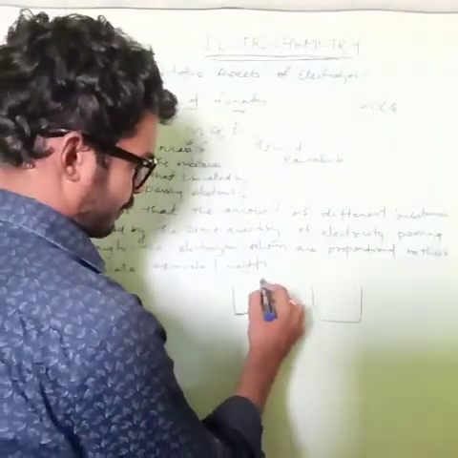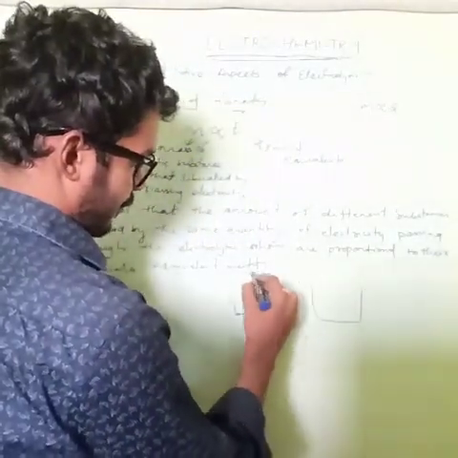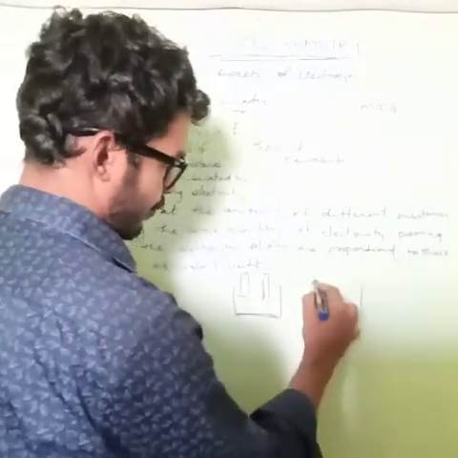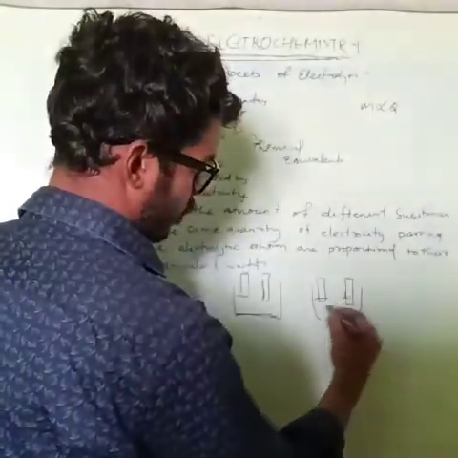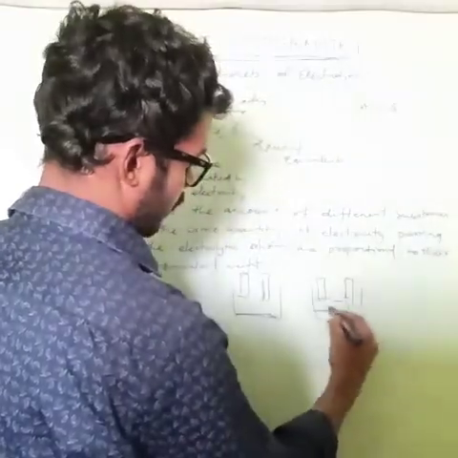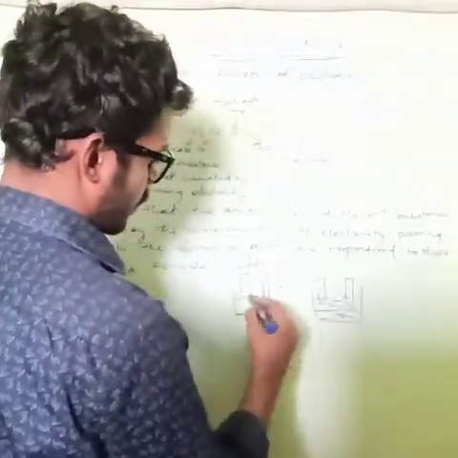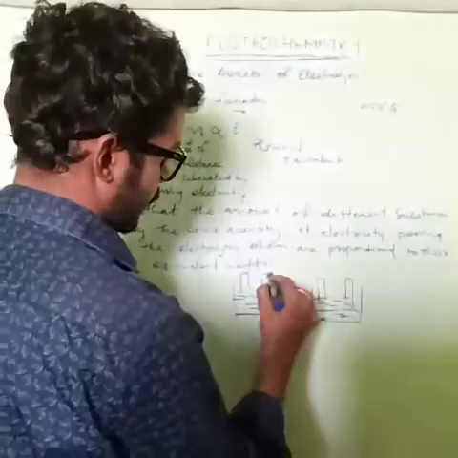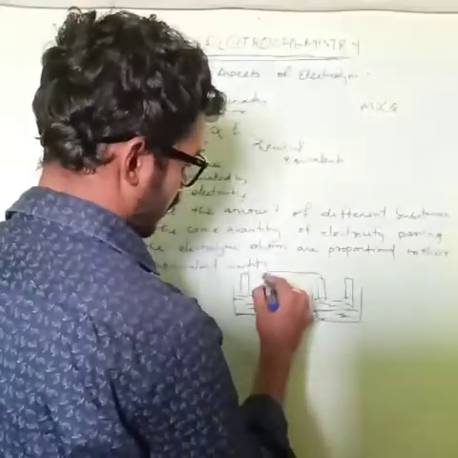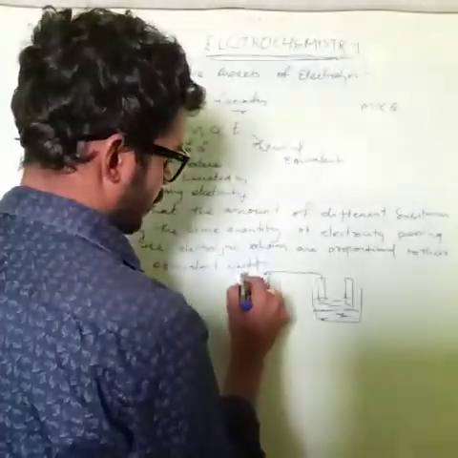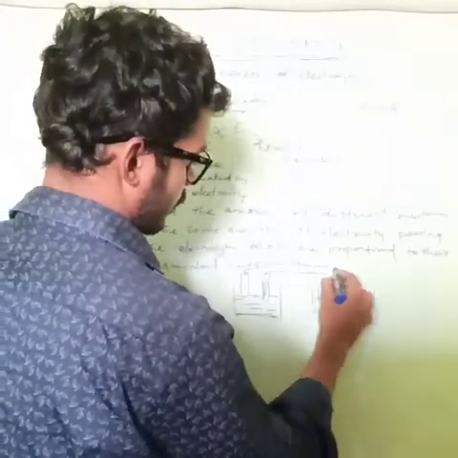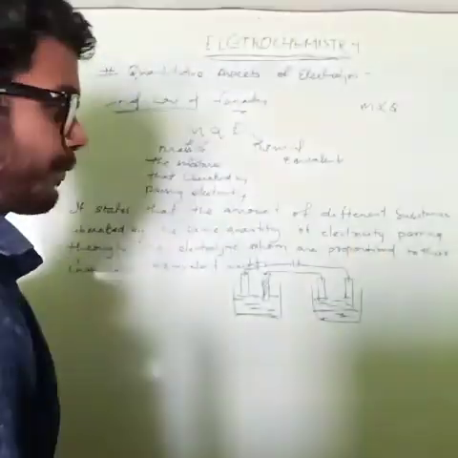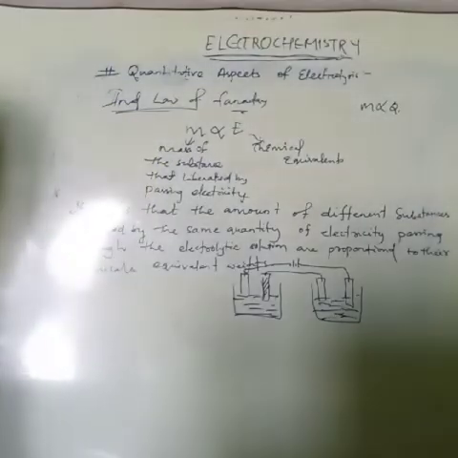This is cell 1, this is cell 2. Here you have taken the electrolytes, series connected to a battery. Understood?